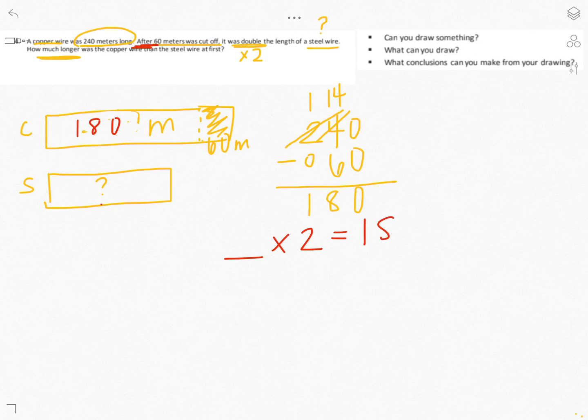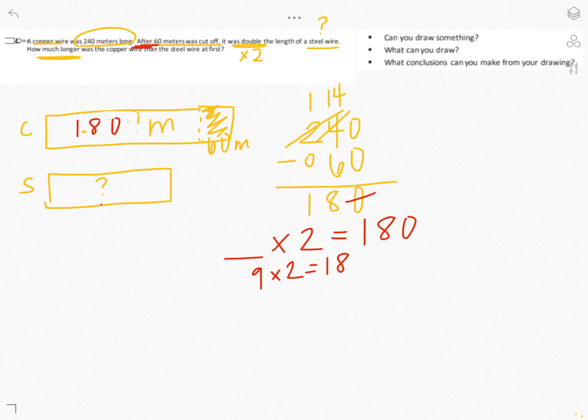Well, if I just think about this here, I'm going to ignore this 0 for a second. What times 2 gives me 18? Well, if I think about my math facts here, I know that 9 times 2 equals 18.